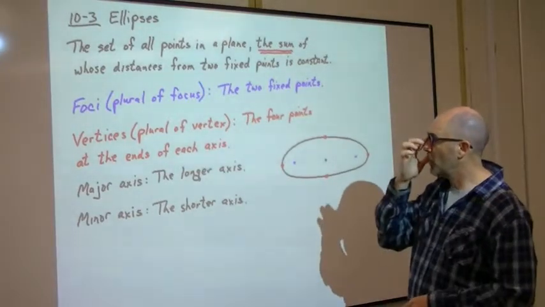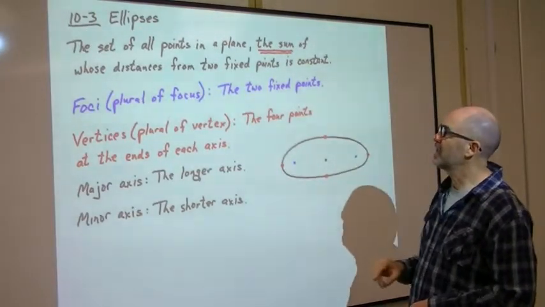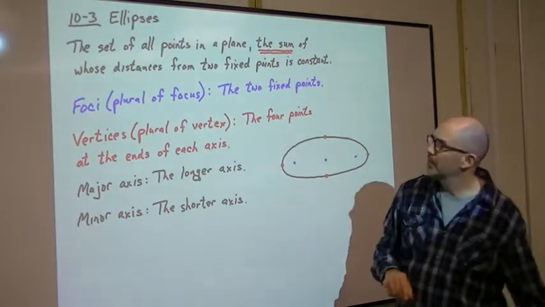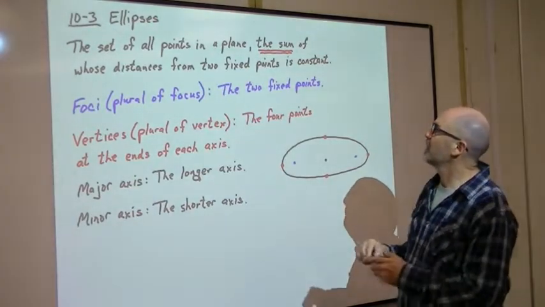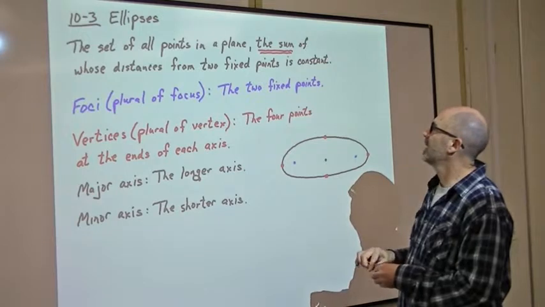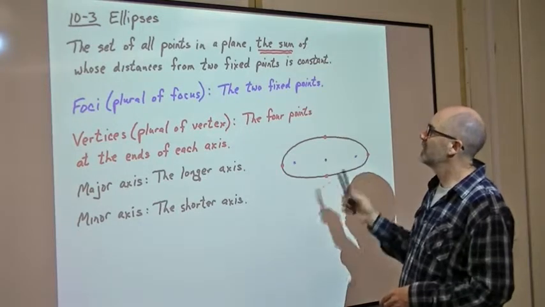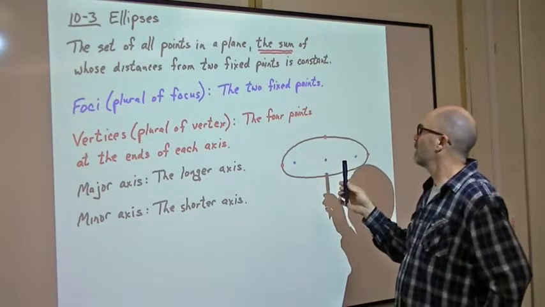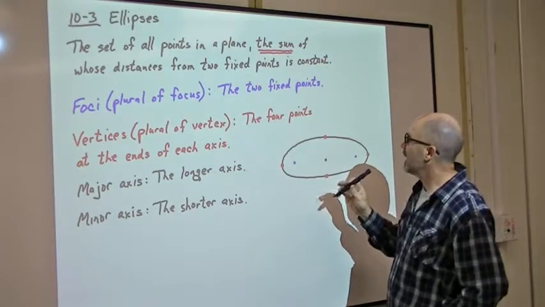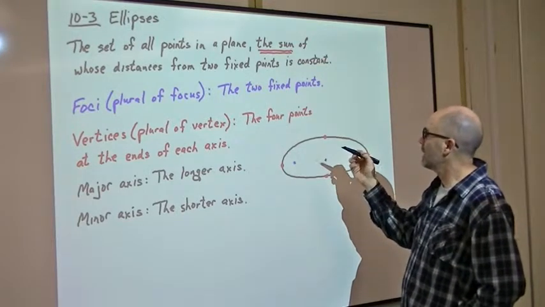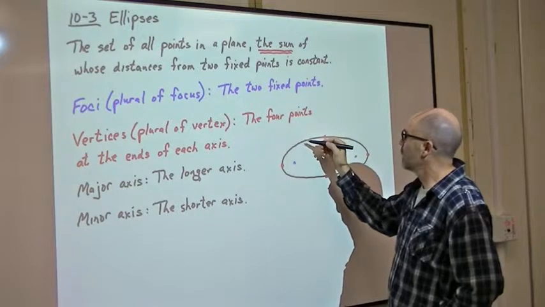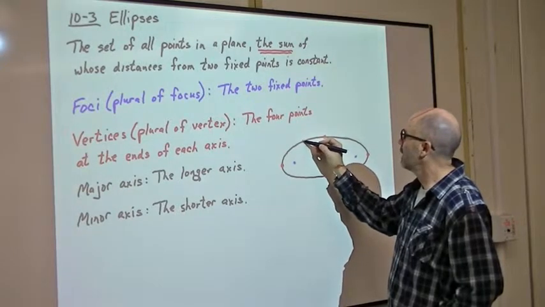Okay, so let's look at the definition now. The set of all points in a plane, the sum of whose distances from two fixed points is constant. So let's say I take a point here, just a random point on the ellipse, right here.